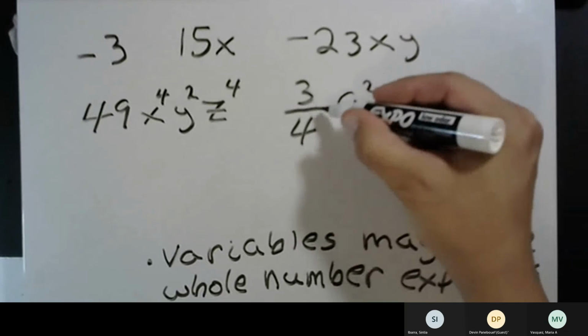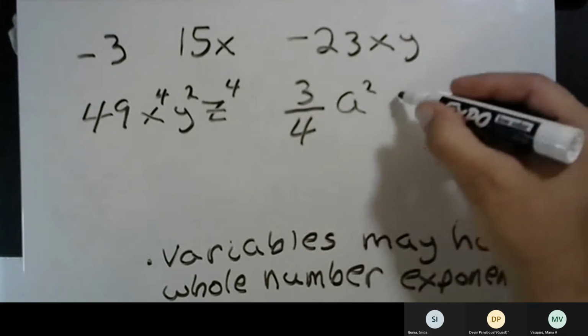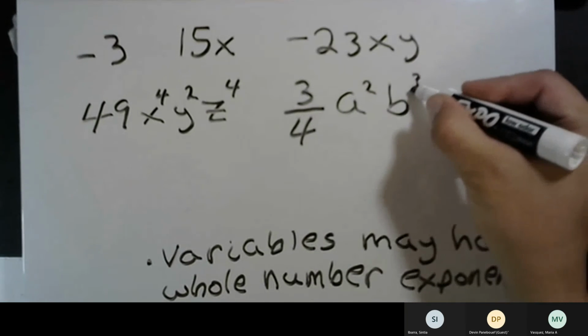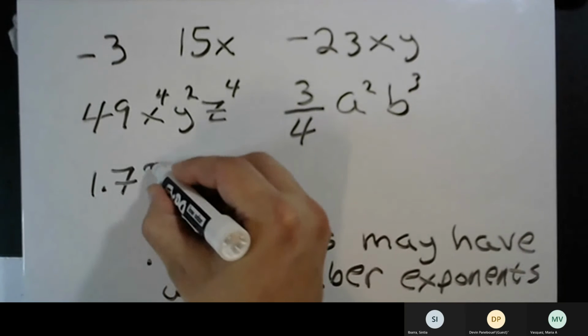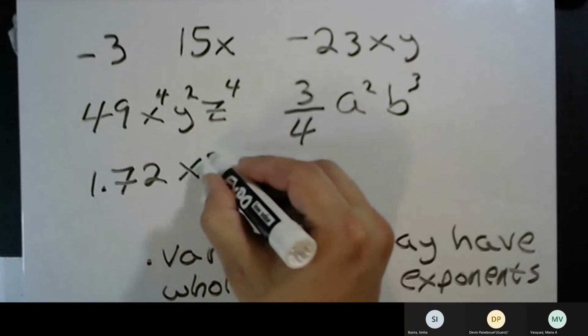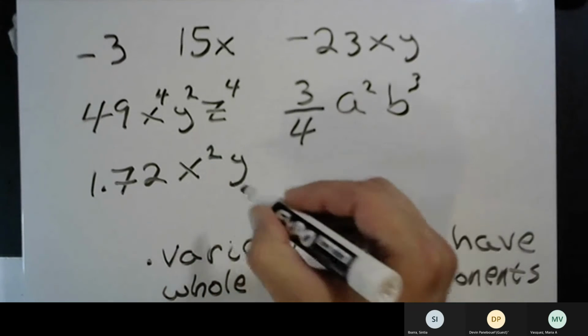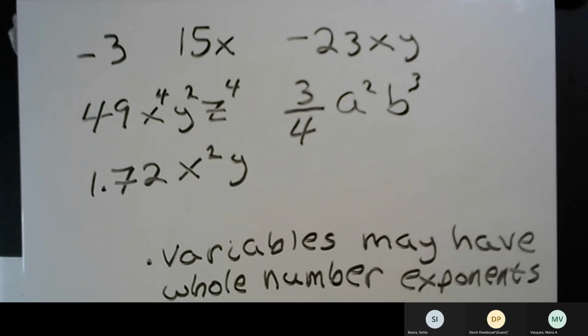This could be, say, a decimal number. We're not going to limit that. It could be positive, it could be negative. But all of these are examples. Each one is a monomial. So questions about that?